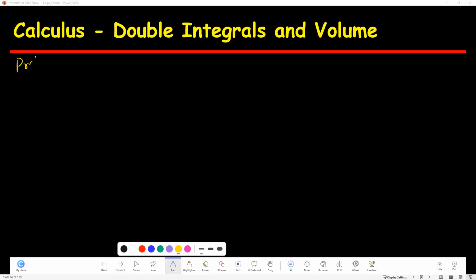So the problem is this: evaluate the double integral.